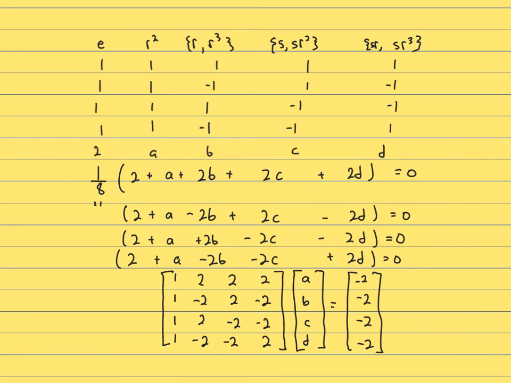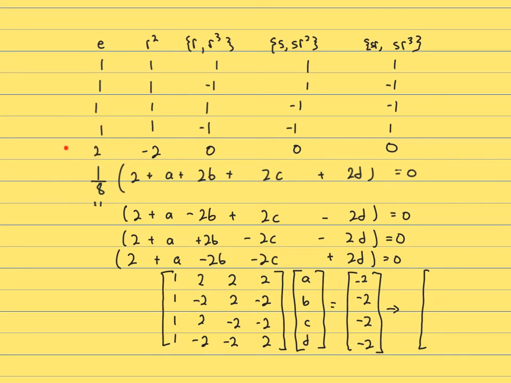It has a unique solution, and I'll just write it up here. It ends up being a is negative 2, and all the other entries are 0. So none of this other stuff even matters. 2 times 2 plus negative 2 is always 0.